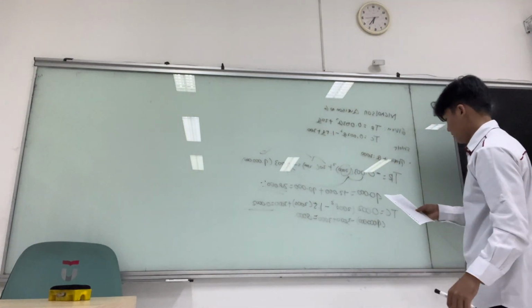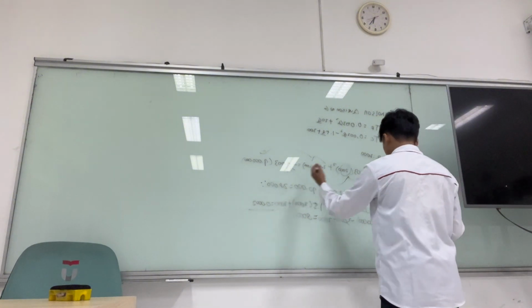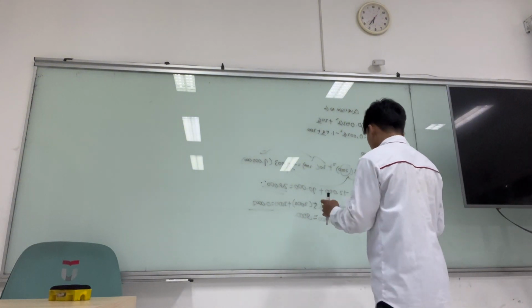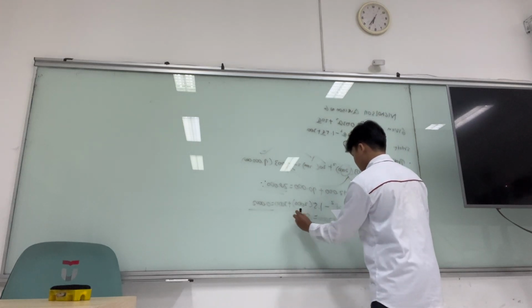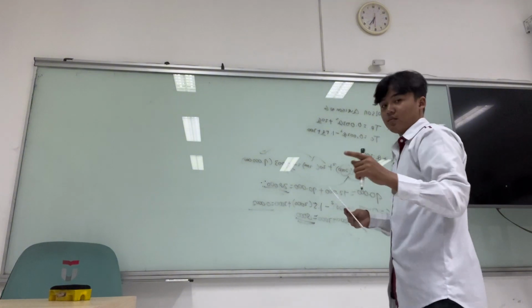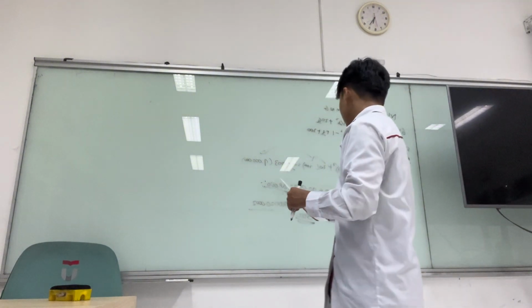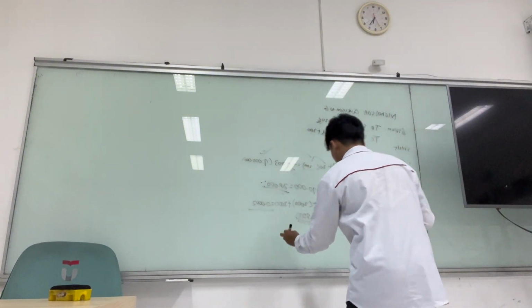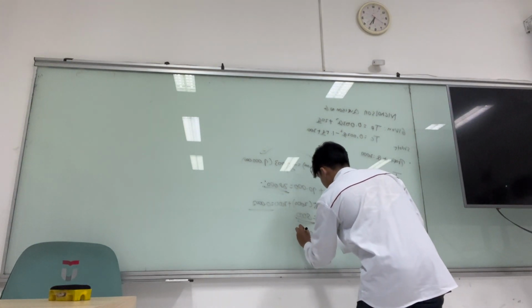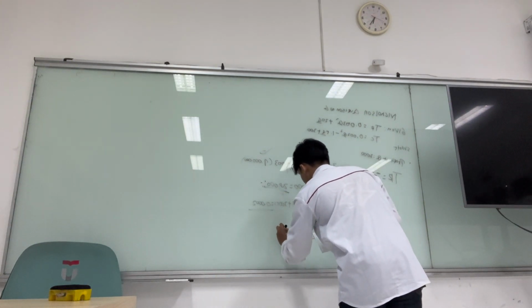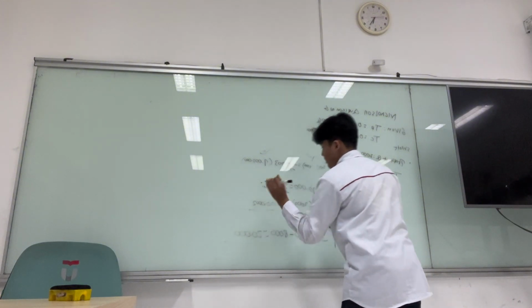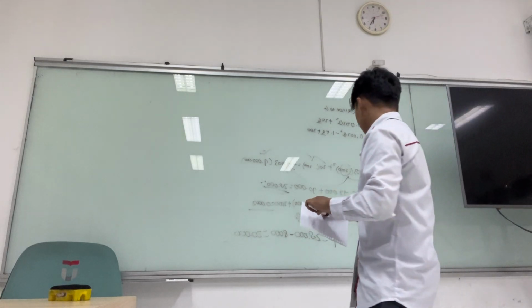Here is the answer. Profit means total revenue minus total cost. So 28,000 minus 8,000 will be 20,000. So this is the profit for the manufacturer.